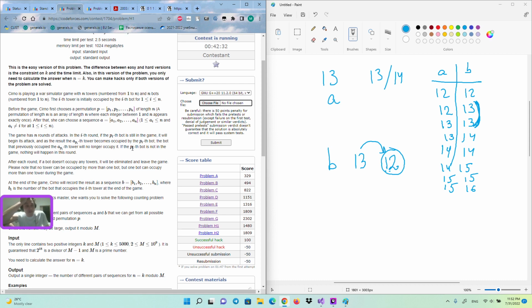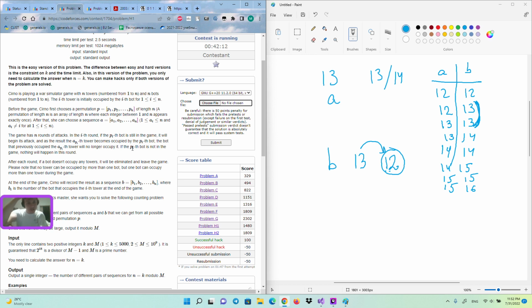CERN is playing a war simulated game with n towers and n bots. The ith tower is initially occupied by the ith bot. Before the game, CERN first chooses a permutation p of length n.